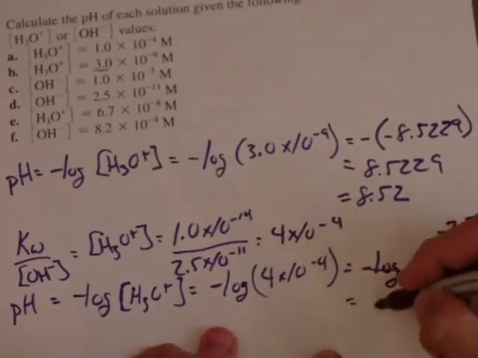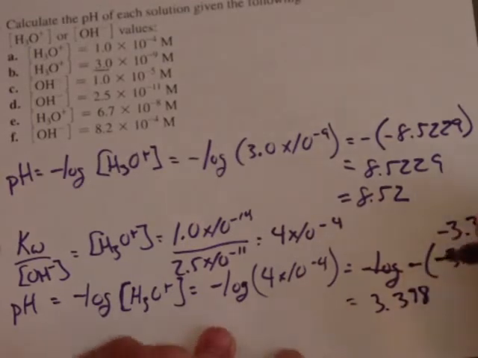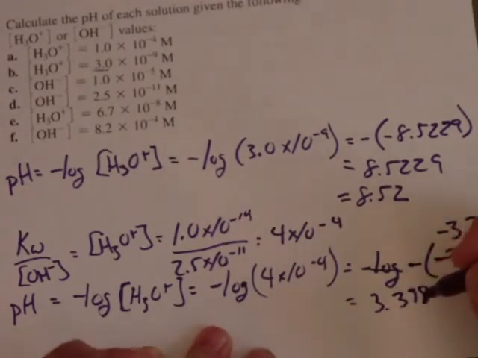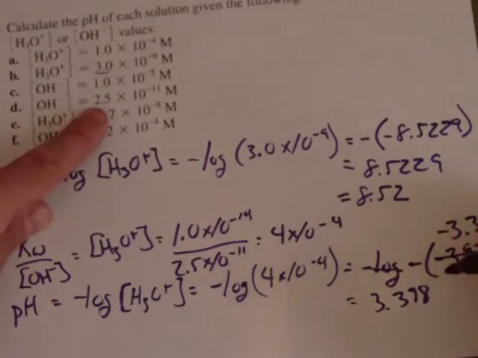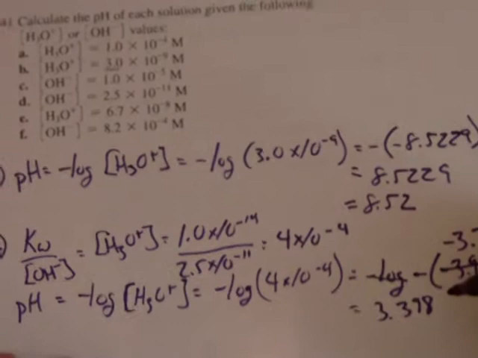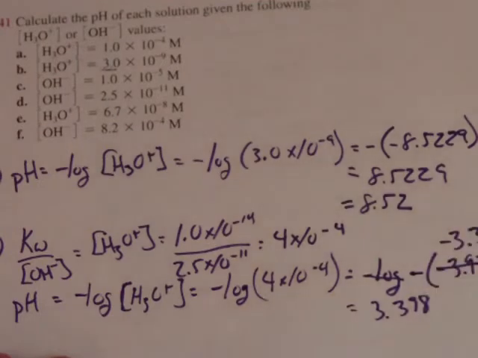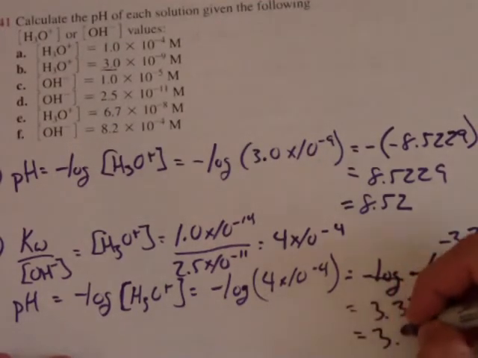And so that gives us 3.398 with the negative and the negative. And so again, we have two significant figures in our concentration, so we're allowed to report a pH with 2 decimal places. So we get 3.40.